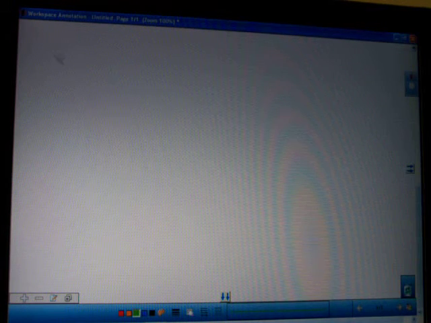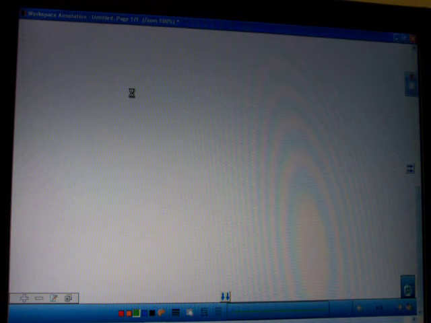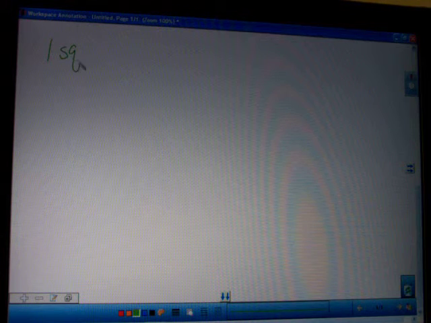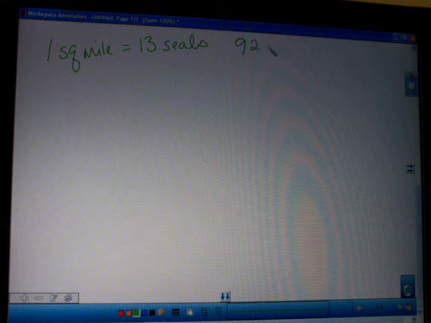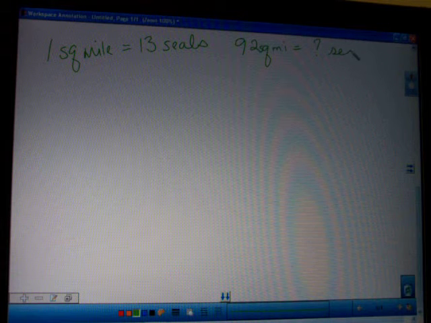So we're going to take an example: 13 harp seals live in each square mile of Greenland. So in 1 square mile, there are 13 seals. The question they're asking, how many seals are in 92 square miles?